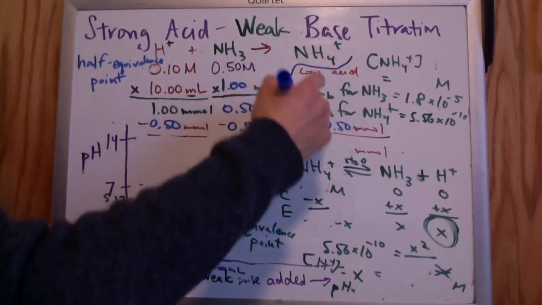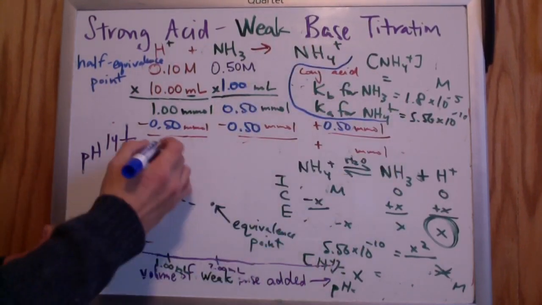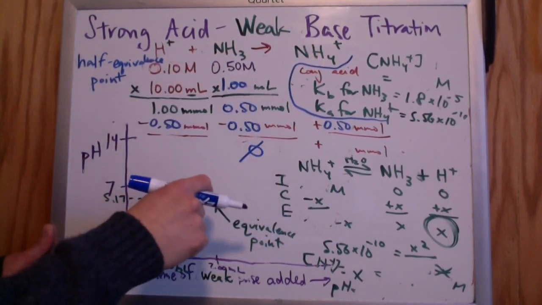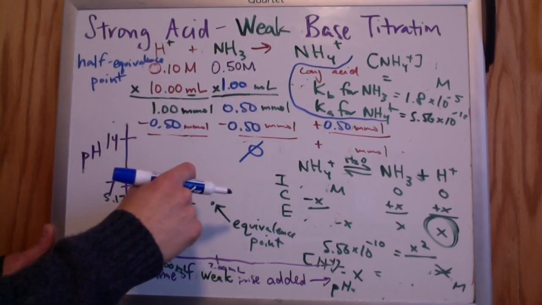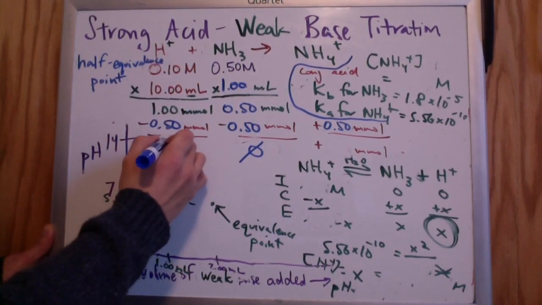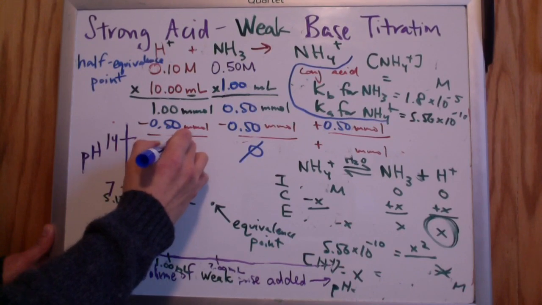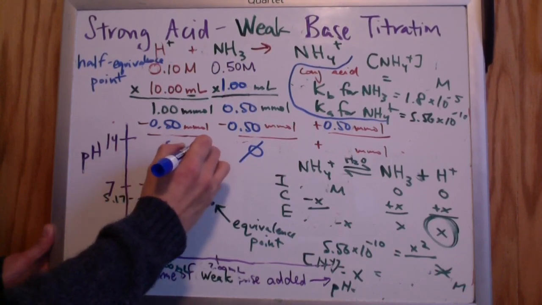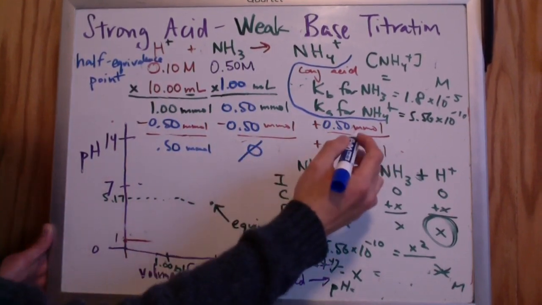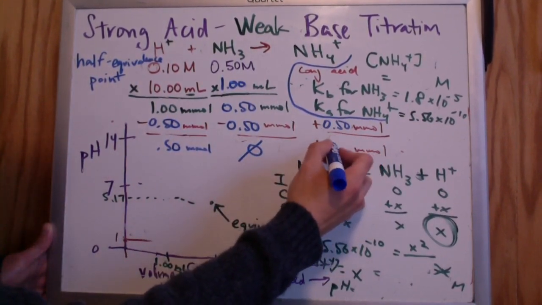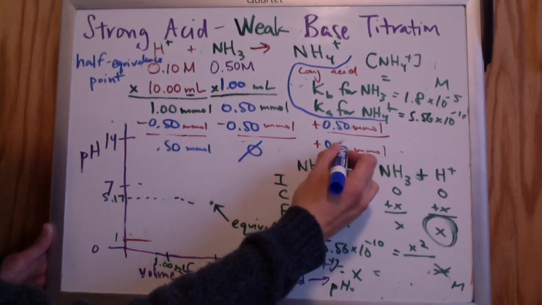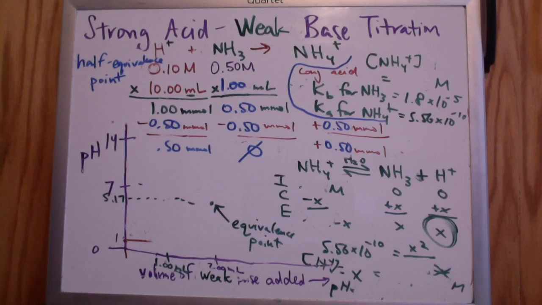Sorry for the messiness here. All right, so then that means that all of the NH3 is used up. We end up with H plus, and then we end up with NH4 plus.